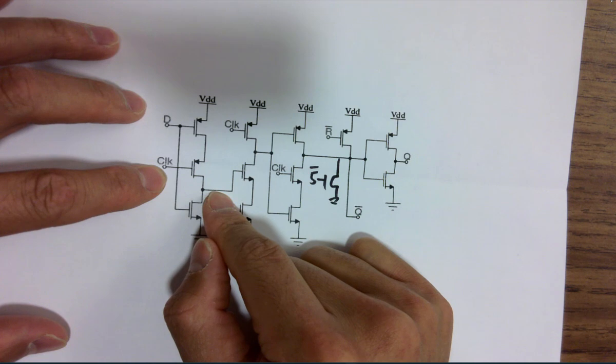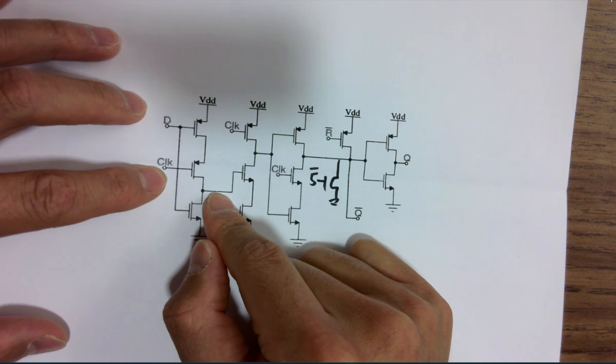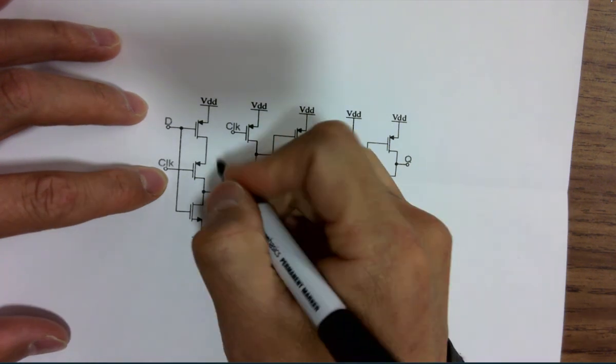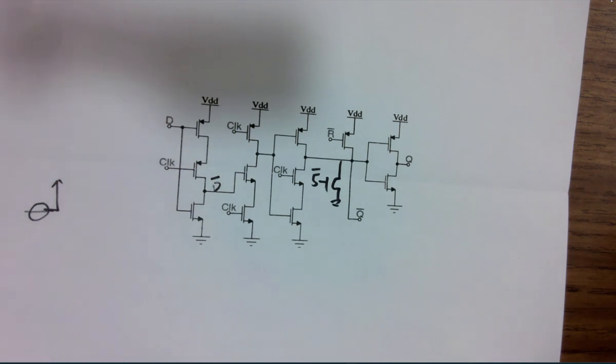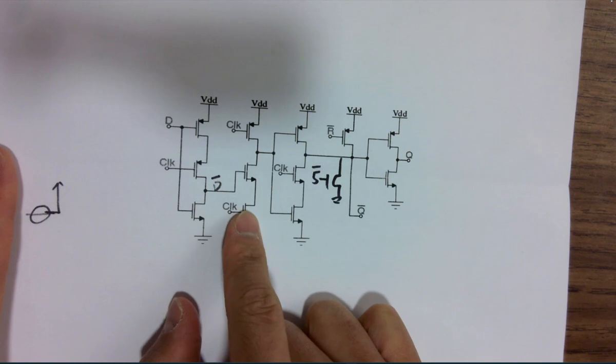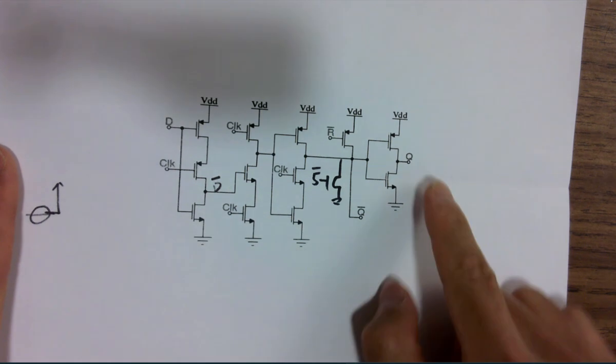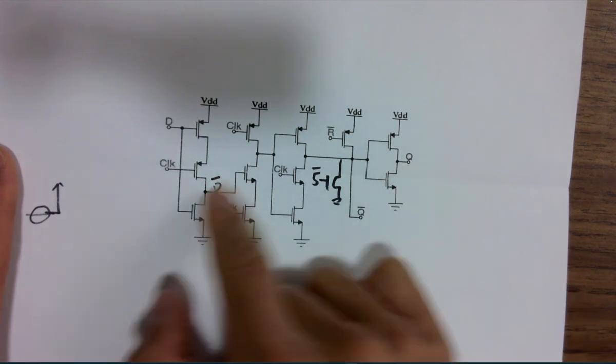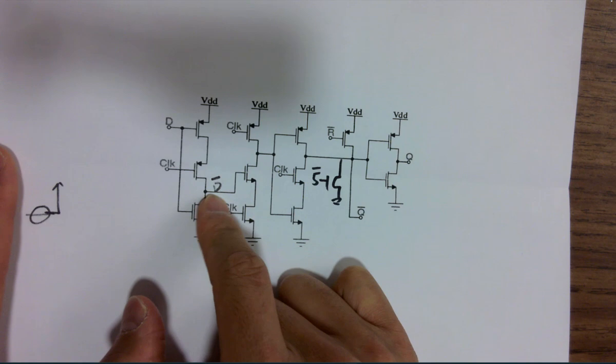It's D naught, right? So that's how you sample it. That's how the data gets into the process. So the data will be sampled in there. Before we analyze the following circuits, D is in. Eventually it's a D flip-flop, so D will reach here, but for now D naught is here.